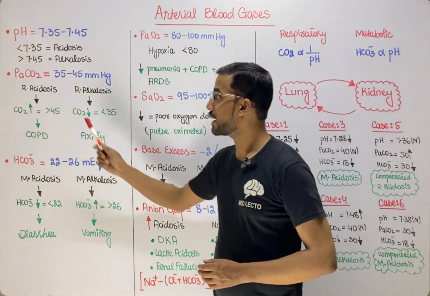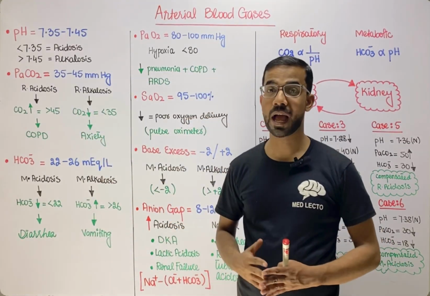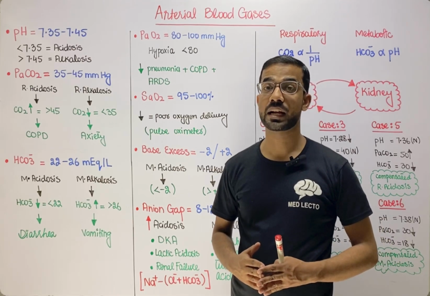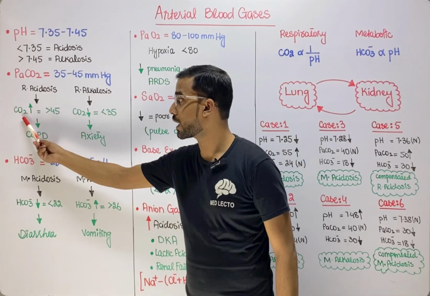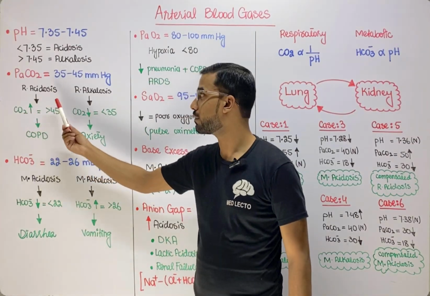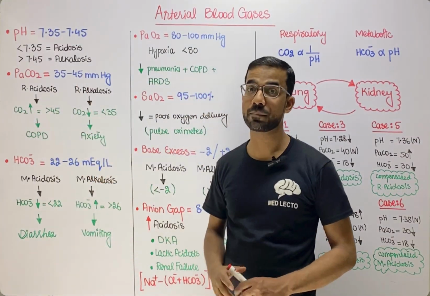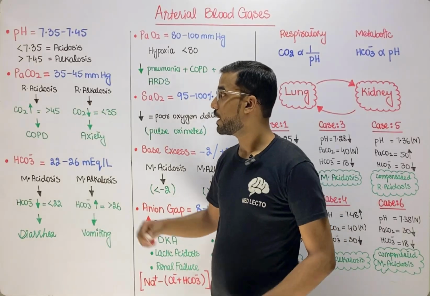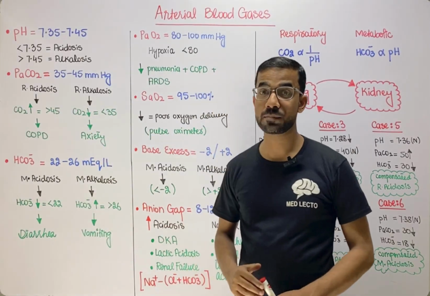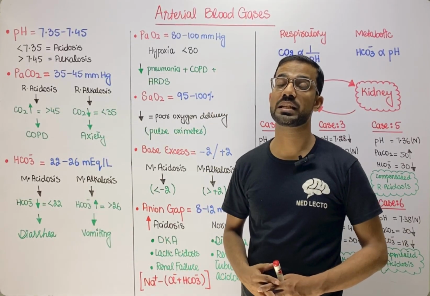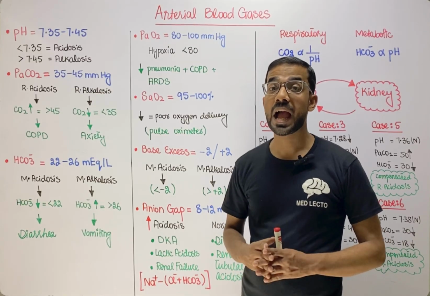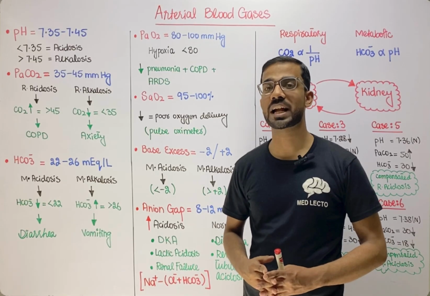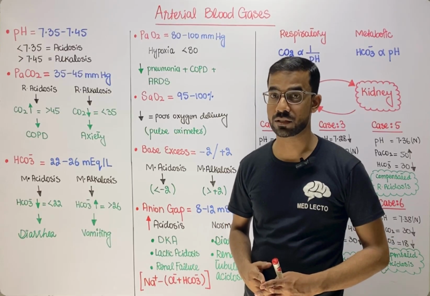In respiratory acidosis, what will happen? As we have seen, carbon dioxide is an acidic gas. When the concentration of the carbon dioxide starts increasing greater than 45 mmHg, then it goes towards acidosis, because the concentration of the acidic gas starts increasing. And it is caused by the lungs, so that's why we call it respiratory acidosis.